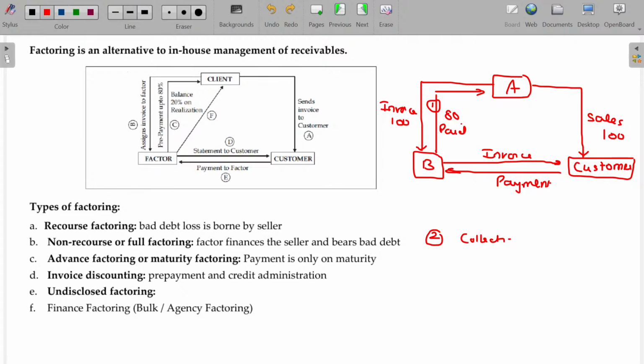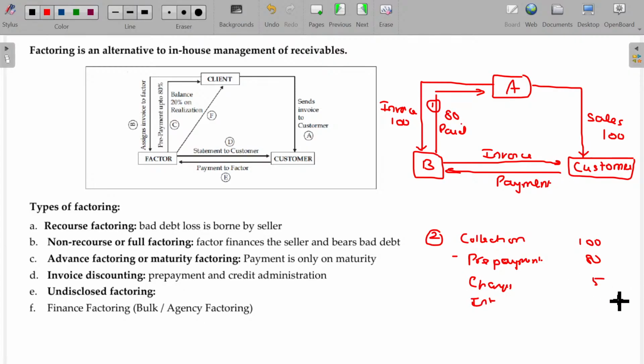From the 100 rupees, 80 rupees prepayment is already made. From that, their charges are subtracted, probably 5 rupees.